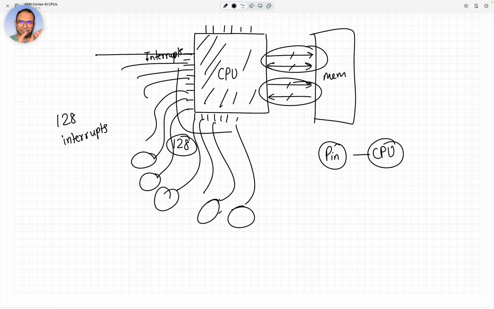This is the package, the black thingy of the IC. The more pins you want, the more expensive and complicated the manufacturing process is going to be. So what people tend to do is reduce the number of pins that are going to be used for interrupts.